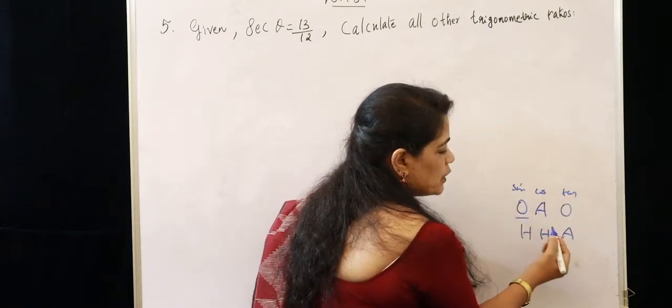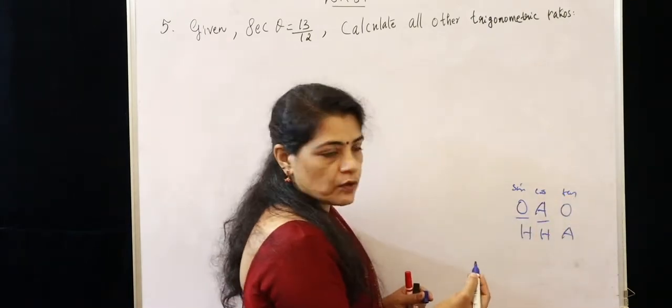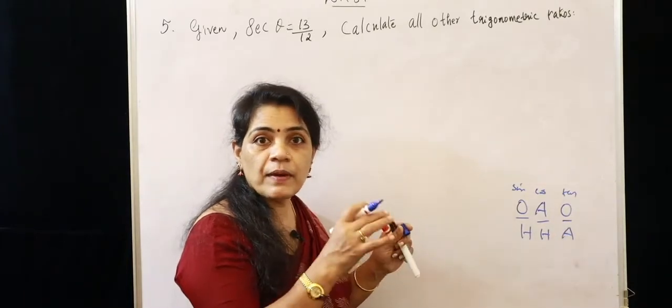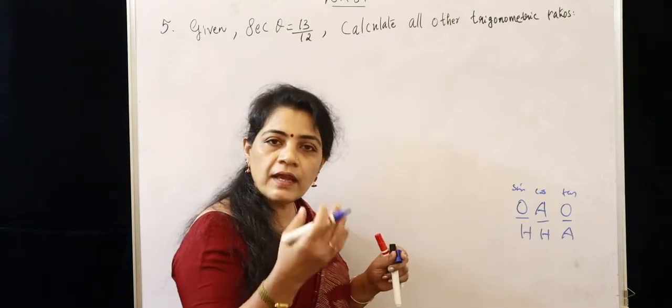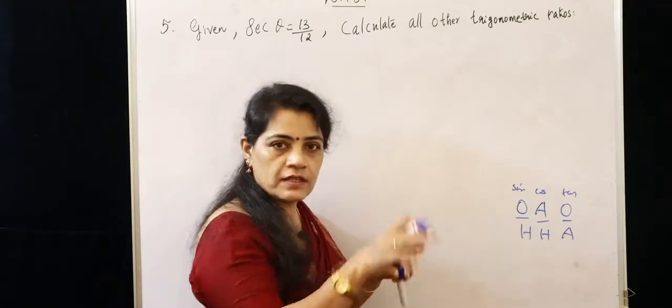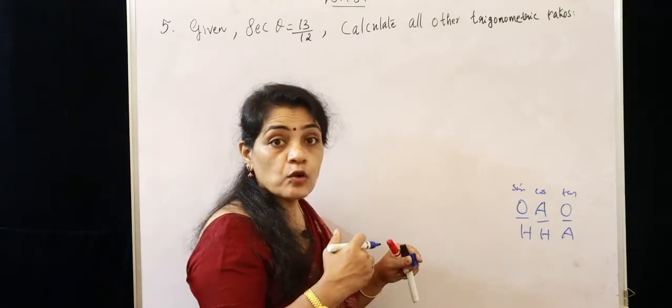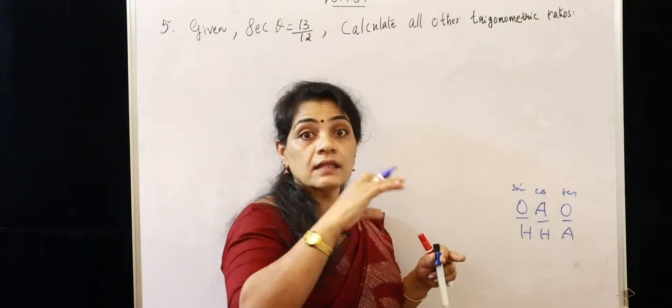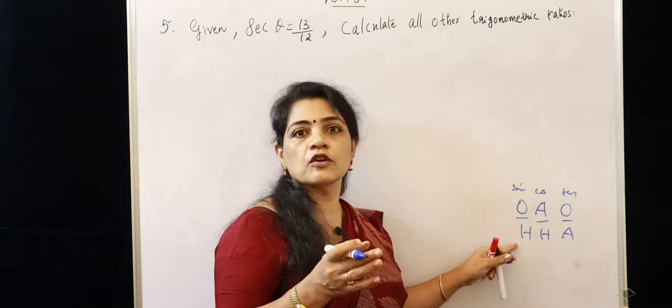Opposite side by hypotenuse for sine, adjacent side by hypotenuse for cos, and opposite side by adjacent for tan. These 3 are the basic trigonometric ratios, and the remaining 3 are the reciprocals of these, taken in the order: cosec, sec, cot.